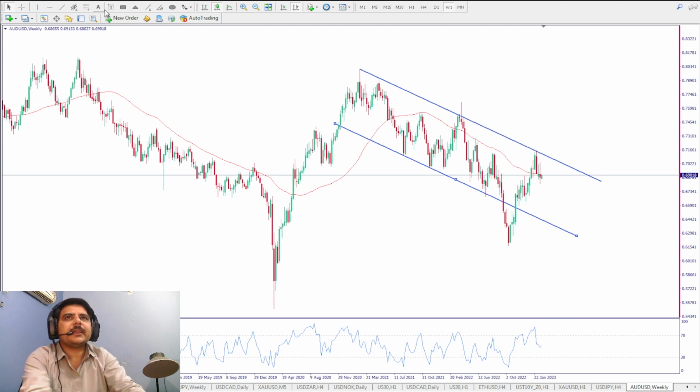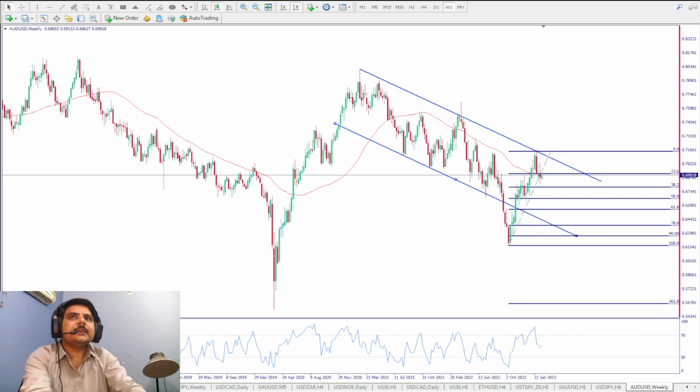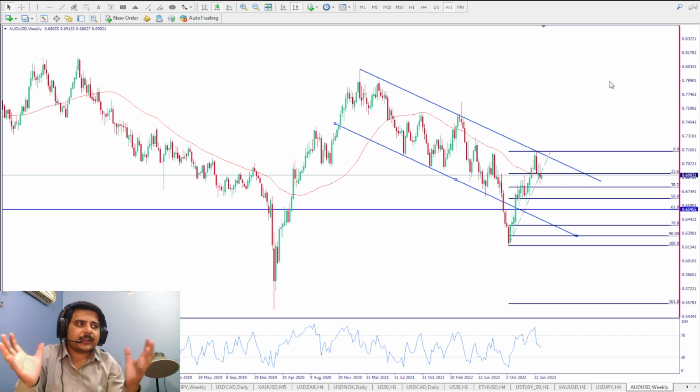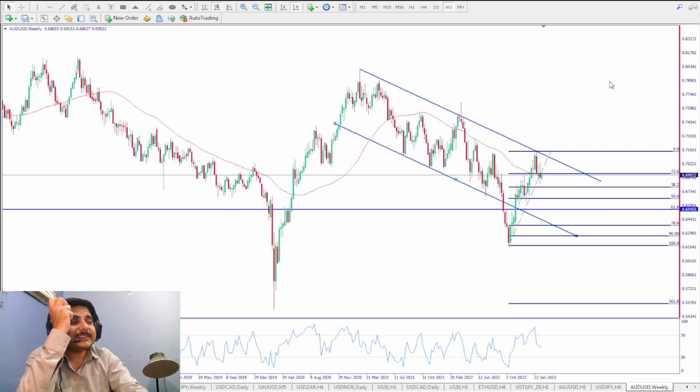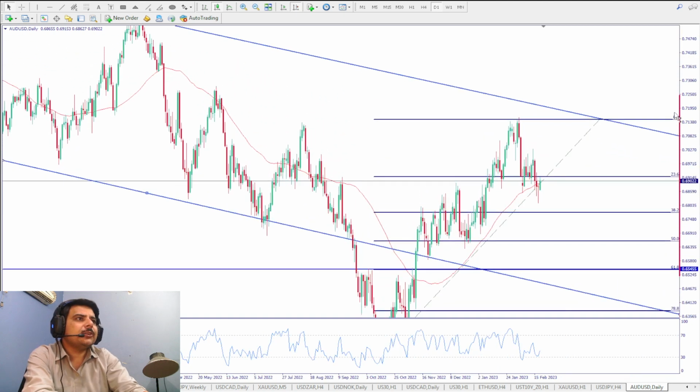On the weekly, it suggests that it's going down to 0.6545. Remember guys, I may not spend more time on each currency pair, because in the daily forex forecast videos I analyze different pairs together in one video and find setups. So, Aussie dollar on the weekly is pointing down towards 65.45.